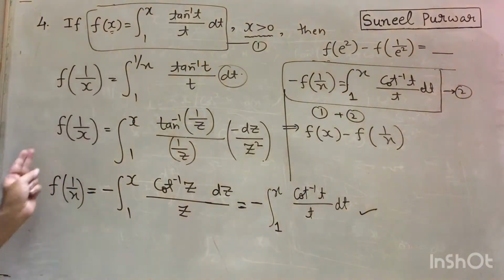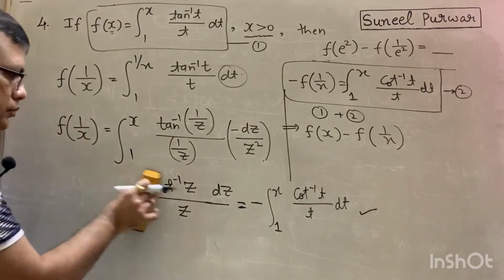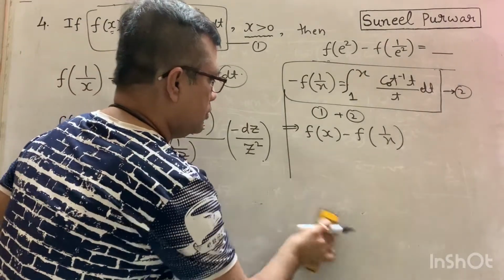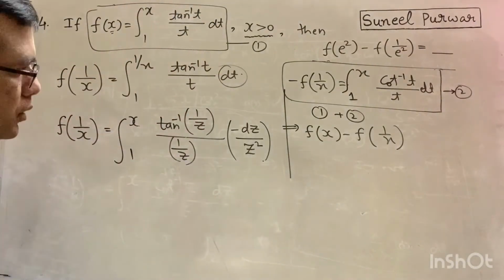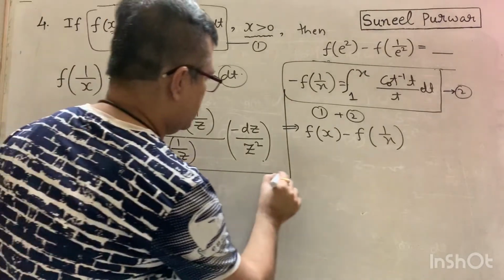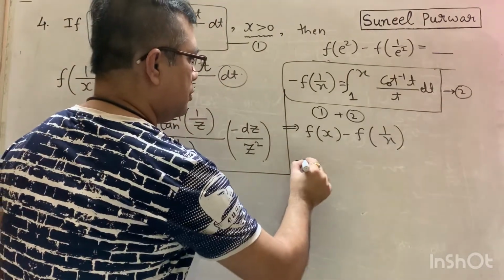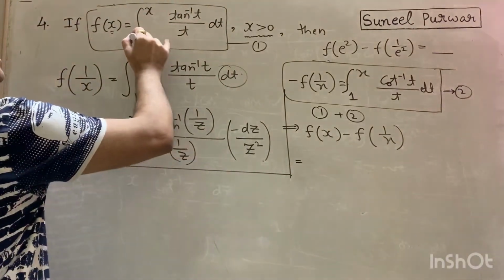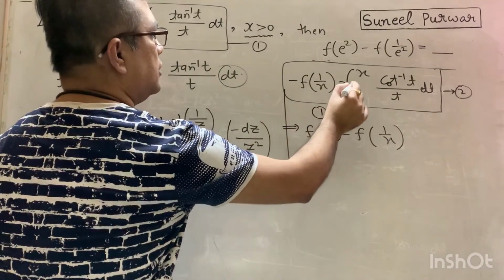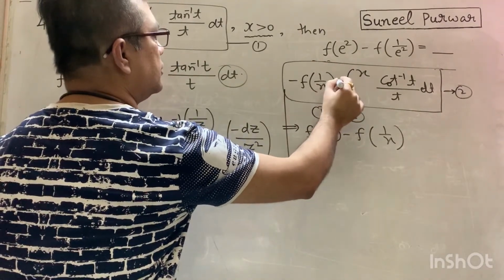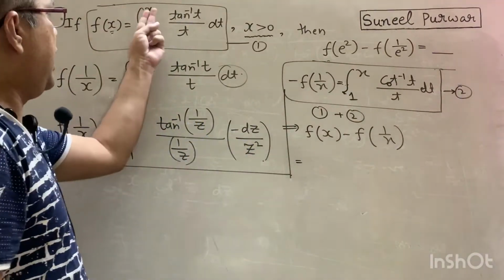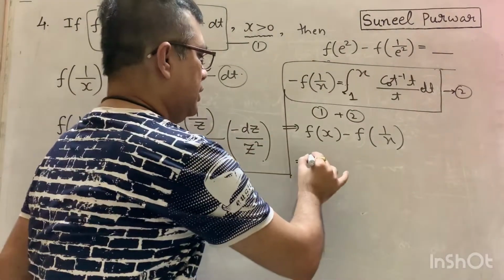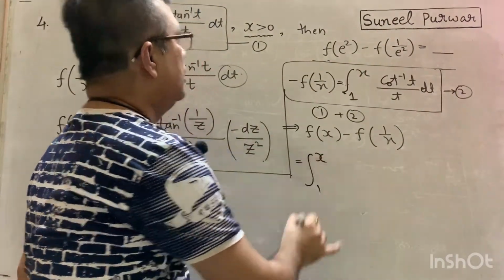Okay. So have a look at this quantity. Now, so this quantity is going to be the sum of this integral and this integral. Okay. So if you add these two integrals, you will have integral 1 to x only.